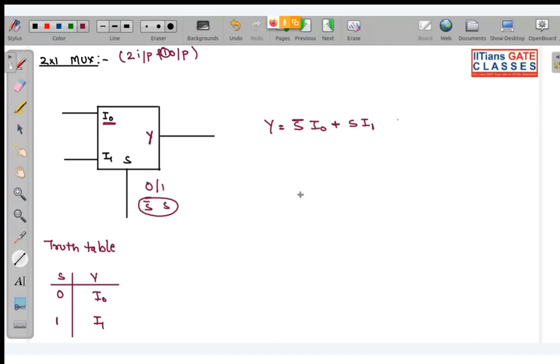So basically, look over here, you have a selection line S and S naught. This is S, this will be S complement. So whenever S complement is there, I naught will be connected. So I can make it like this.